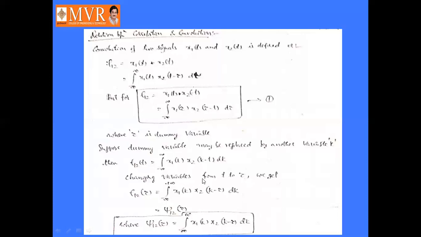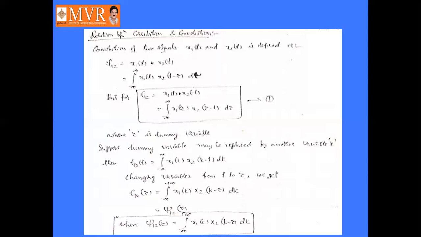Changing the variables from t to tau, we get rho12 of tau equal to the integral from minus infinity to infinity of x1 of k into x2 of k minus tau dk. Okay, k minus tau dk. This is nothing but J12 of tau. J12 of tau is equal to the integral of x1 of t into x2 of t minus tau dt, right?